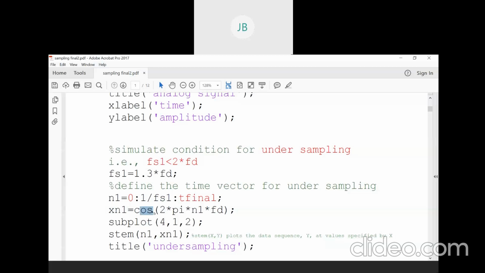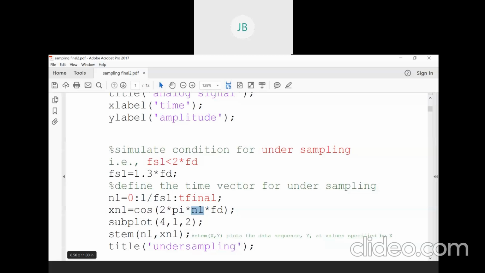That's a cosine variation of 2 pi f and n1. What is n1 here? It varies from 0 to 1 by fs1, plus 1 by fs1, plus 1 by fs1, until t final. So n1 in general represents the time axis. When the time varies, we are capturing the amplitudes, which is the cosine variation, at different values of time as defined here.